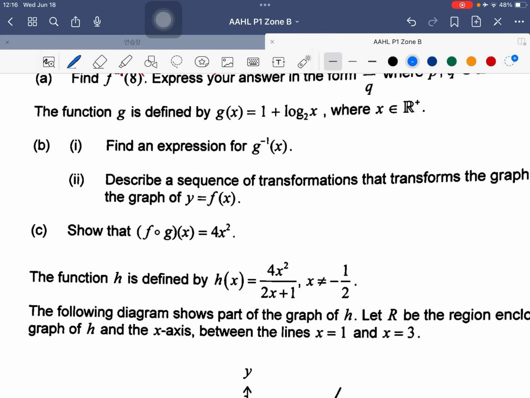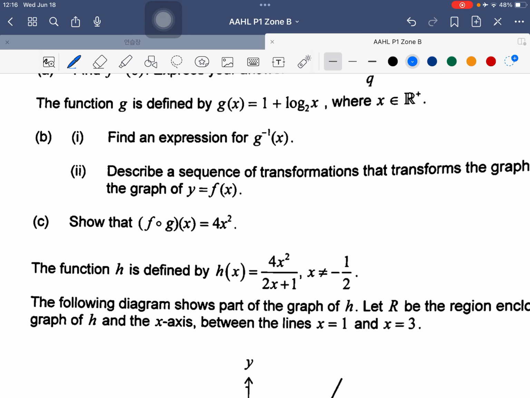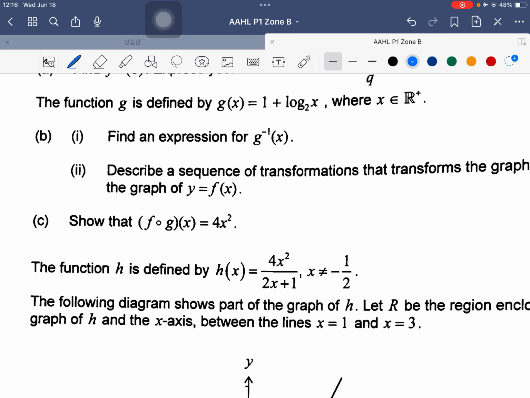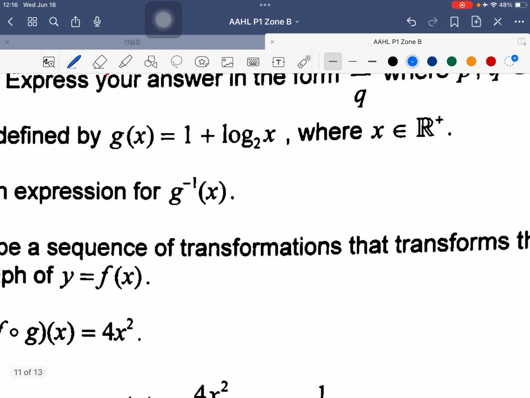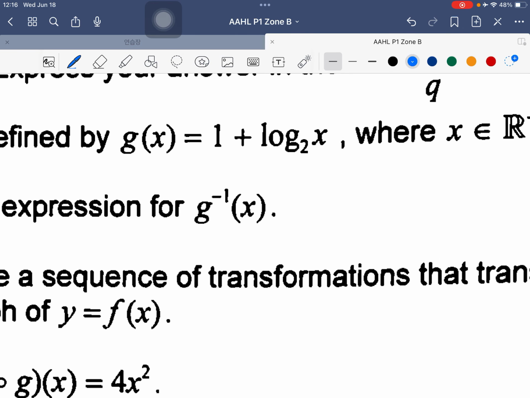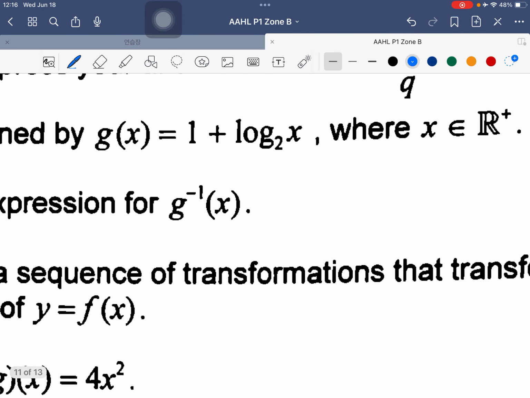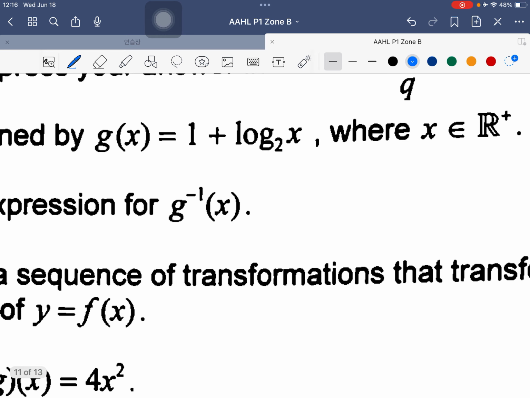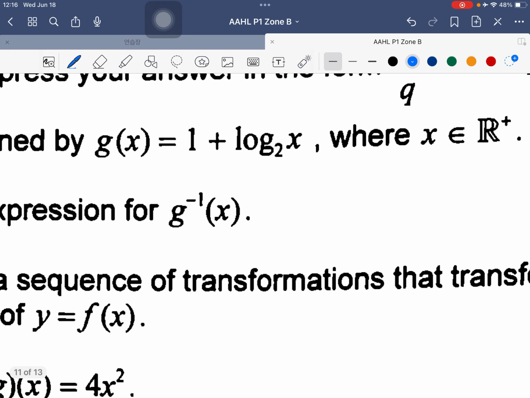Okay, function g is defined as g of x is like this, where x is a positive real number. Find the expression of g inverse of x. We switch the expression by y equals x, so we can express this one as x equals 1 plus log base 2 of y.